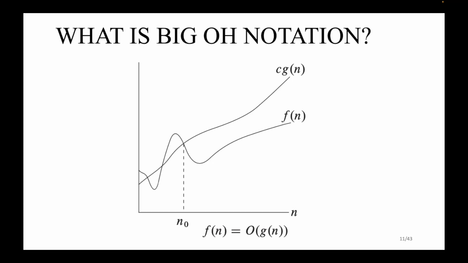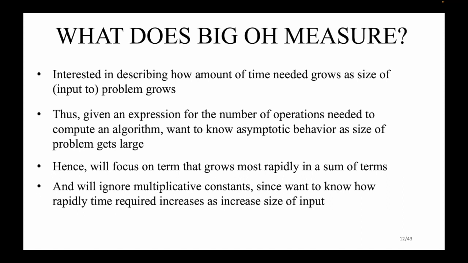It's just a notation. It means that the big O of f(n) is always bigger than f(n). Big O means something bigger, right? Always bigger.